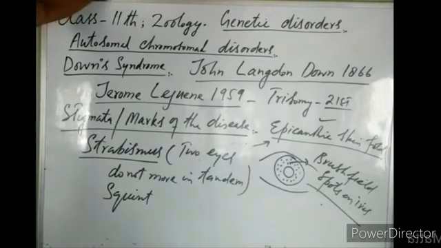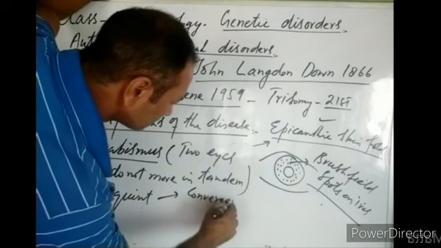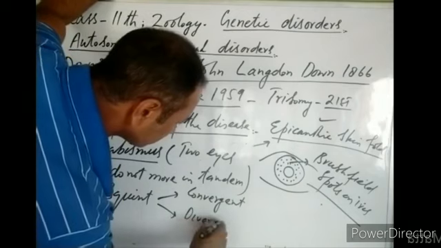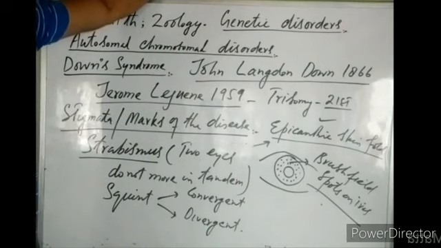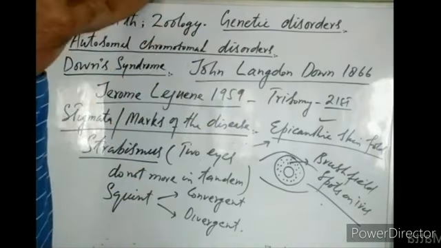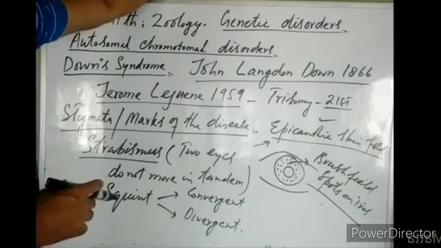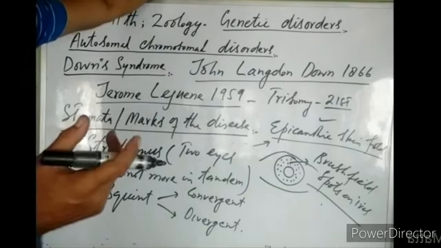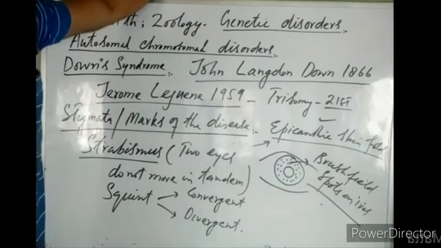This squint may be a convergent squint, or it may be a divergent squint. In convergent squint, the two eyes are bent inwards towards the nose together. In divergent squint, one eye seems to be looking at one object and the other eye at some other object.